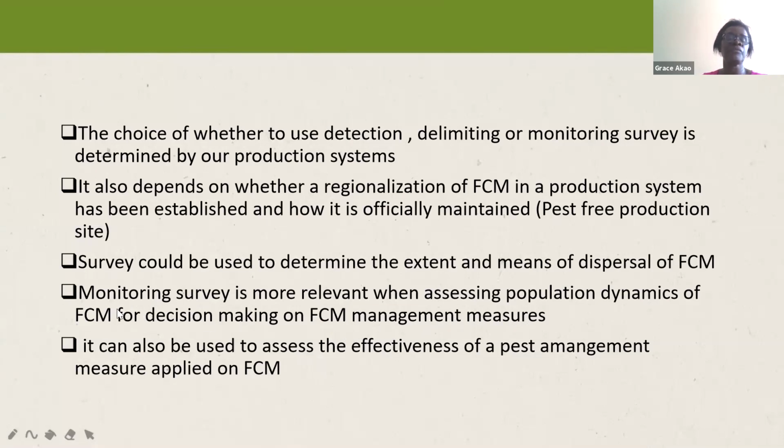So for FCM, monitoring survey is key. And remember, in monitoring survey, you're looking at the pest population, pest behavior. So you see that this becomes very, very vital. It can also be used to assess the effectiveness of a pest management. This I already did mention.